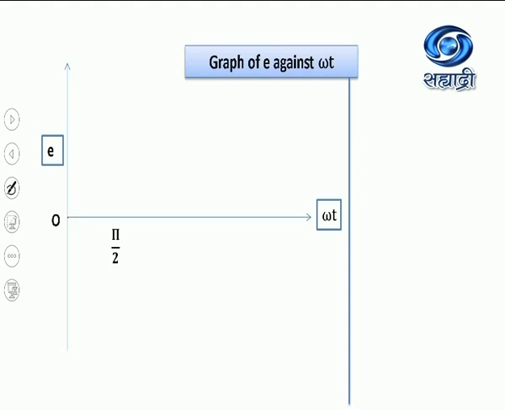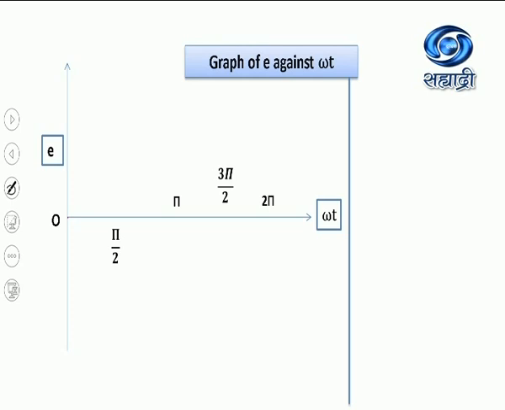When the coil completes quarter rotation, the phase is pi by 2. When the coil completes half rotation, the phase is pi. When the coil completes three-quarter rotation, the phase is 3 pi by 2. And when the coil completes one complete rotation, the phase is 2 pi.